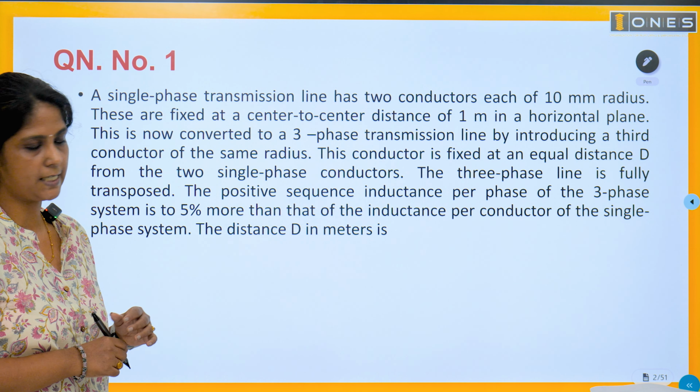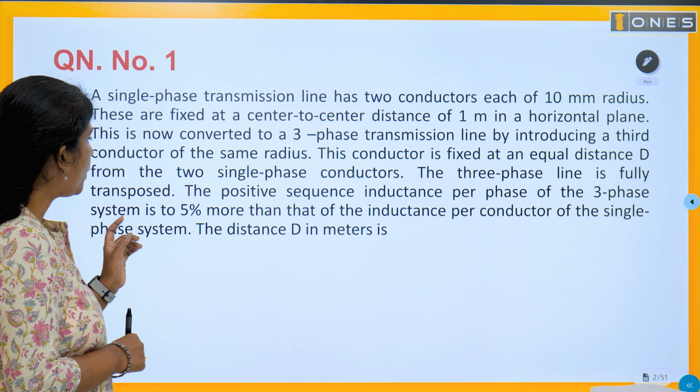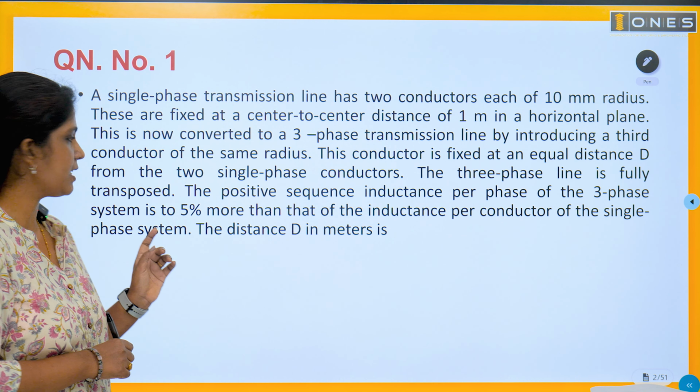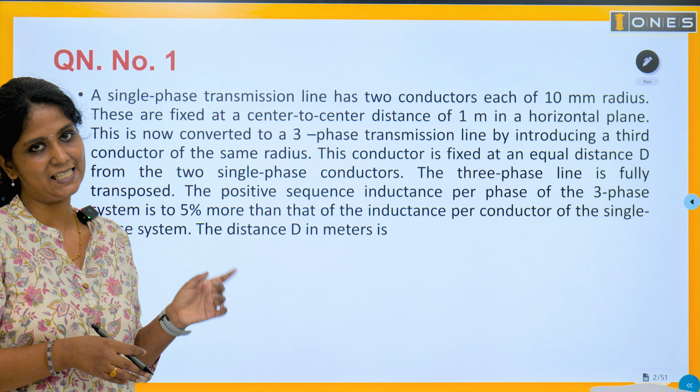This conductor is fixed at an equal distance d from the two single-phase conductors. The three-phase line is fully transposed. The positive sequence inductance per phase of the three-phase system is to be 5% more than that of the inductance per conductor of the single-phase system. The distance d in meters is.